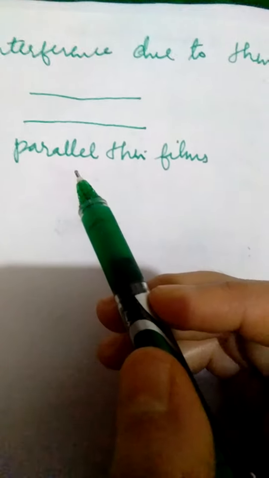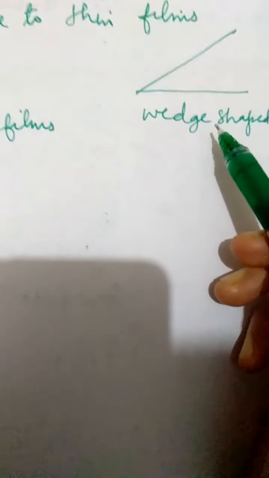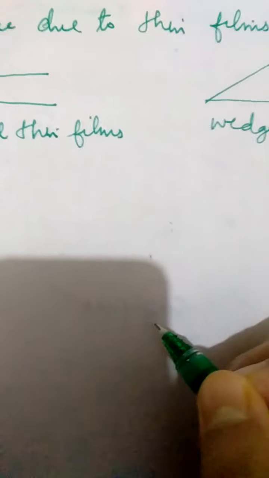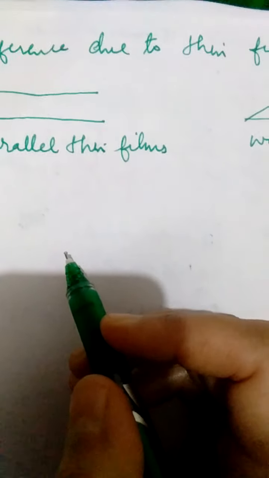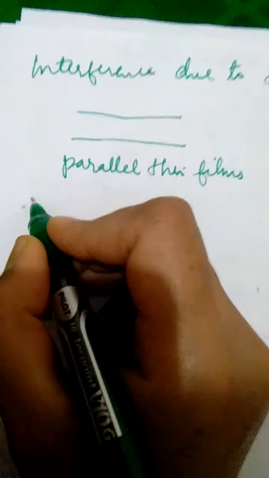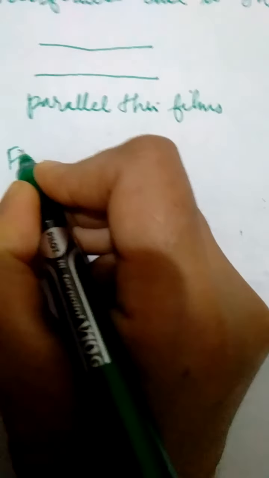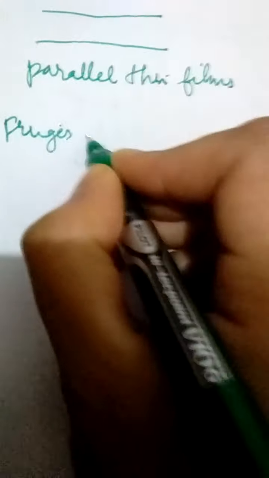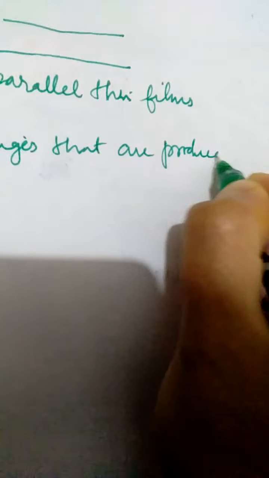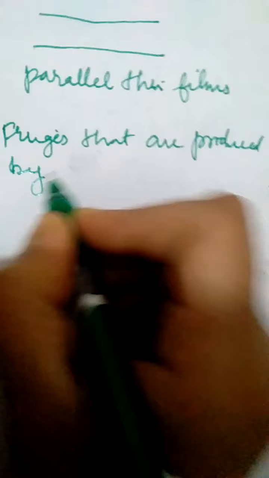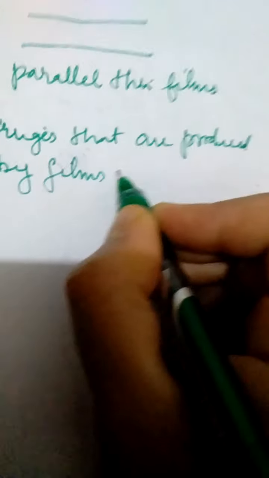You have learnt in great detail about the interference pattern produced by these films. Now, today let us discuss the fringes that these films produce. Remember that the fringes that are produced by films of constant thickness, right?